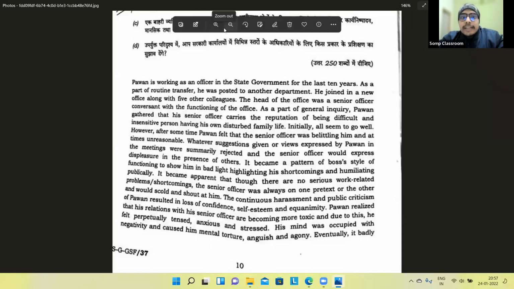As a part of routine transfer, he was posted to another department. So it's a routine thing, nothing to be suspicious over here. He joined in a new office along with 5 other colleagues. Okay, so when he says 5 other colleagues, it means a new team.